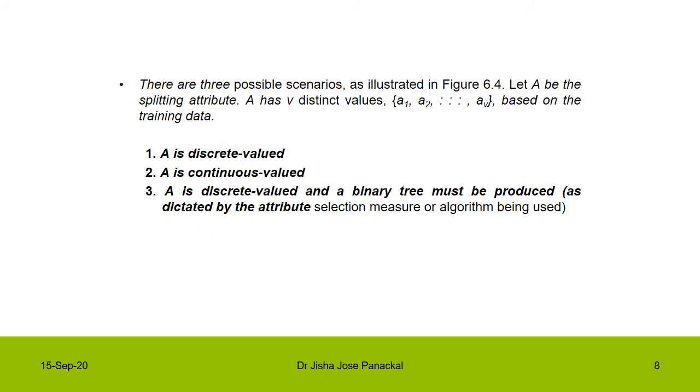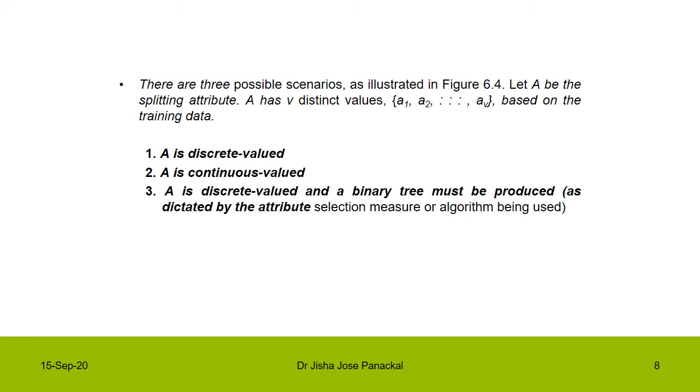There are three possible scenarios as illustrated in the above figure. Let A be the splitting attribute. A has V distinct values, A1, A2 up to AV, based on the training data.